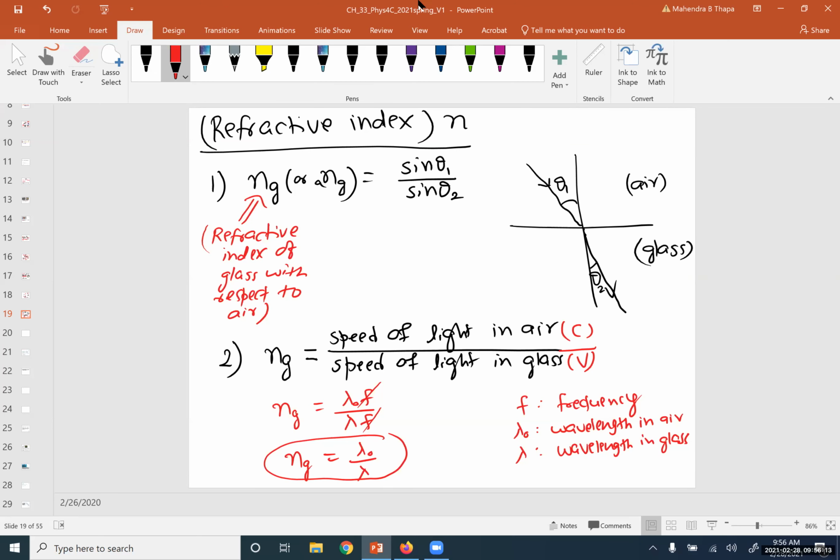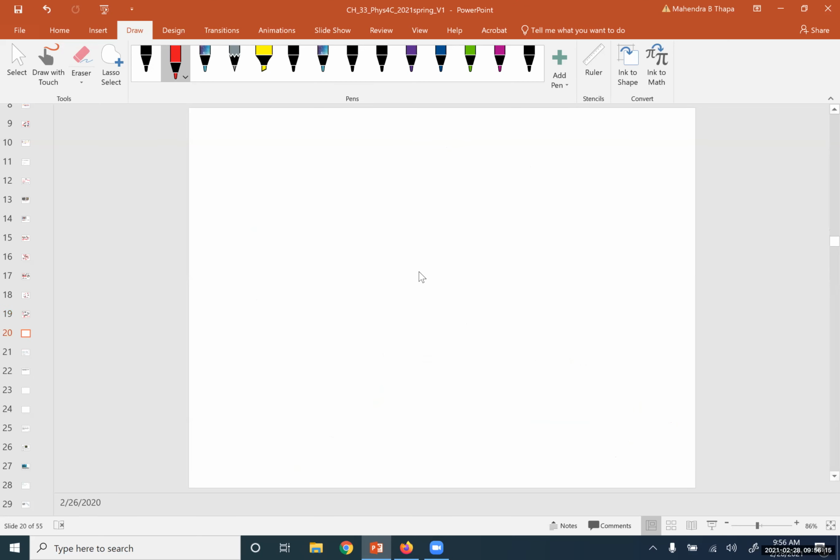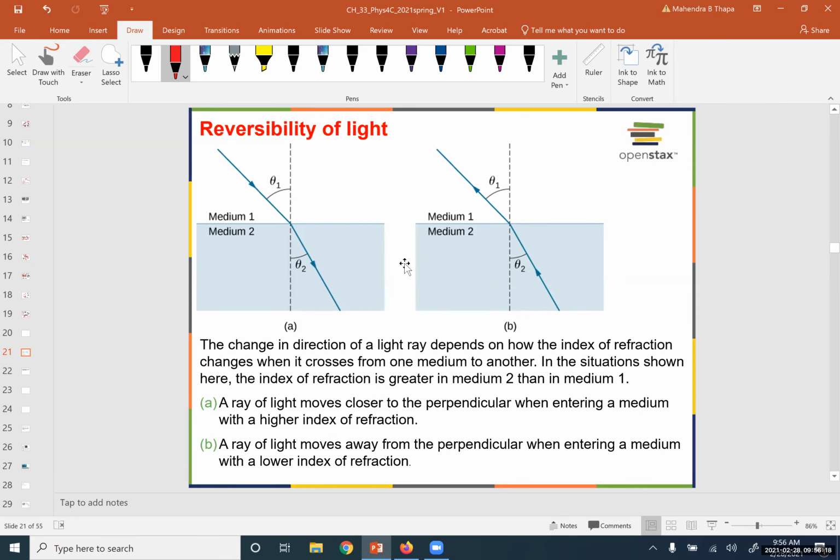The other approach we are using here is called the reversibility of light. What does it mean? If light travels from medium 1 to medium 2, this is the incident ray and this one is the refracted ray.